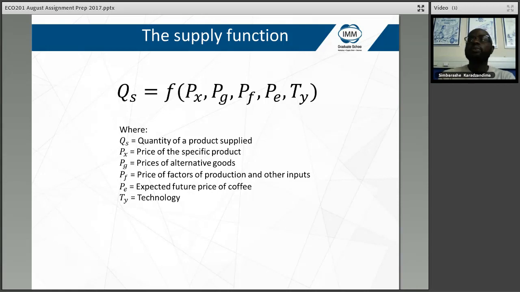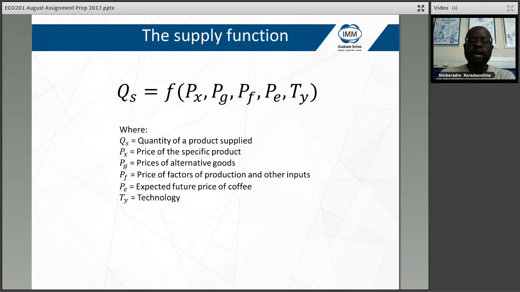Then you also look at the price of related goods and services or alternative goods. We have products that are substitutes or complements, but now in production. So if we have products that are substitutes in production, we are basically looking at products that are maybe produced by the same supplier. For example, HP can produce laptops or they can produce desktops.